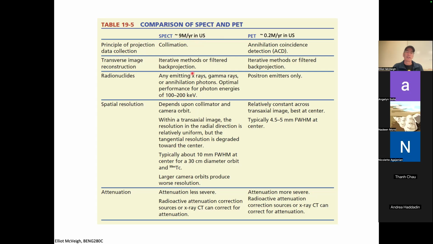Now, here's another important thing. When this book was published, which was about 10 years ago, there were like 9 million SPECTs a year done in the US, something like that. It's probably got up to 20 at one point. And PET, there's like 200,000, right? So it's a huge difference in uptake of this technology. And one of the reasons is these things are expensive. They require staff that's expensive, and they require professional physicians who are expensive, who know how to use them.